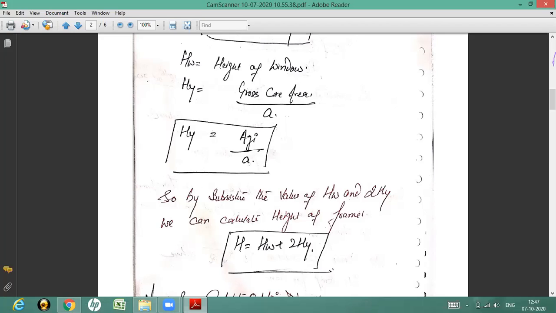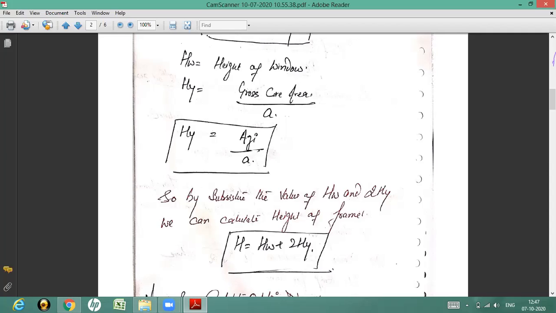On the other hand, whether you use a two-step core or a three-step core, you can easily calculate the height of the yoke, that is HY, which is given by the gross core area upon A. After substituting this value, given HW as well as WW, you can easily get the height of the frame as well as the length of the frame. So this is all about the frame design.